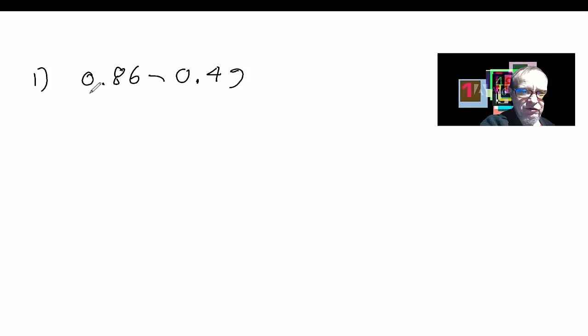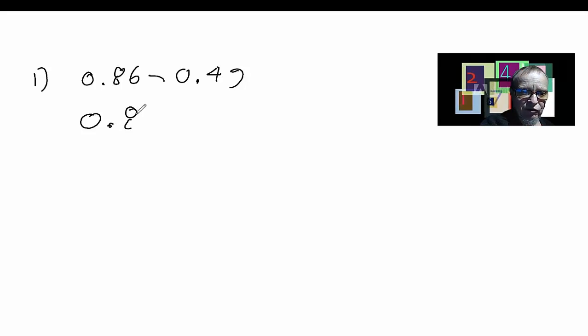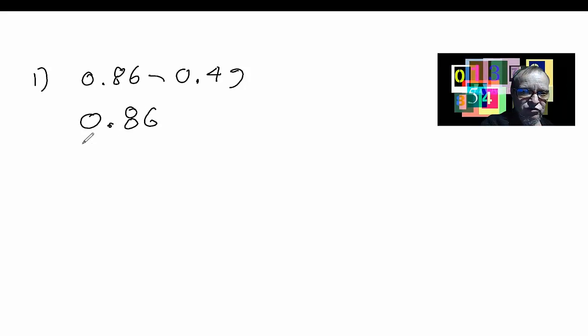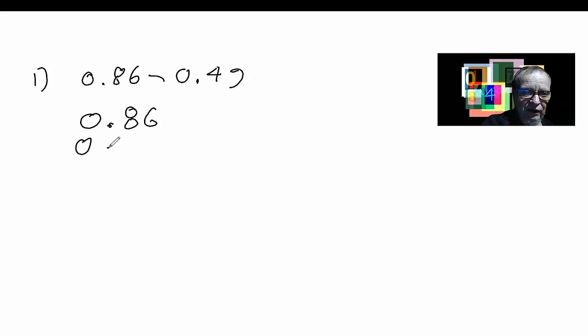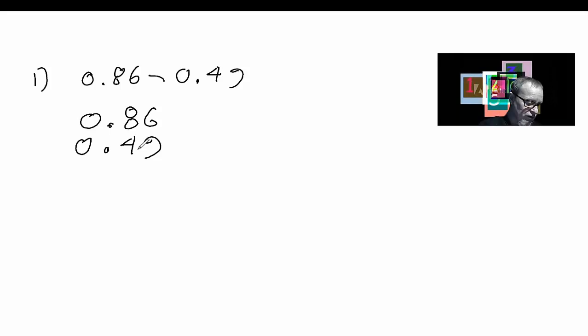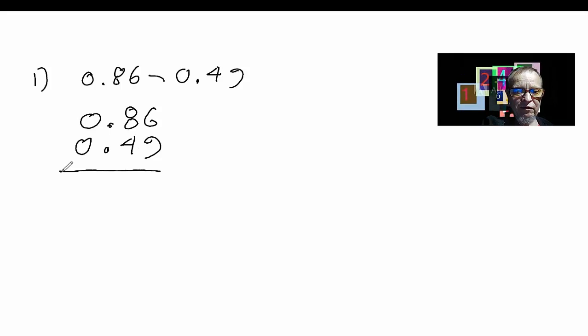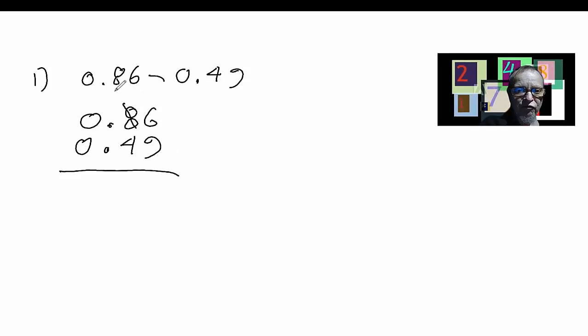We want to put the first number on the top, 0.86, and while we're doing it, we're lining up those decimal points, 0.49. Now, we can't just subtract, we just have to borrow from here.